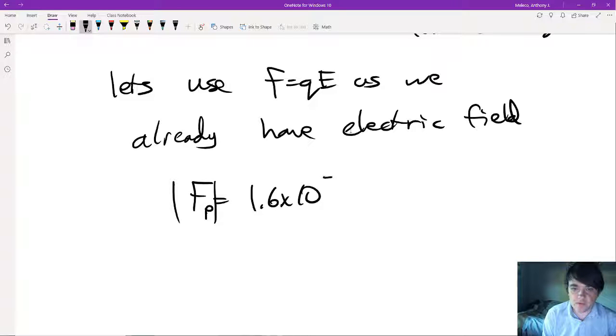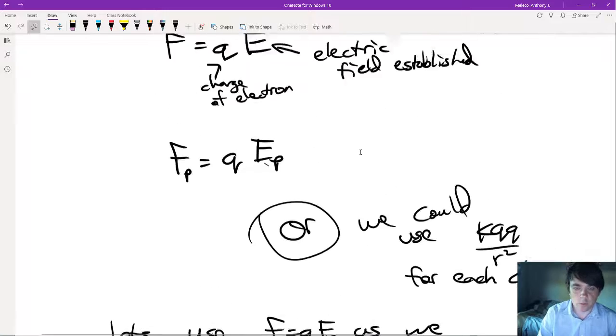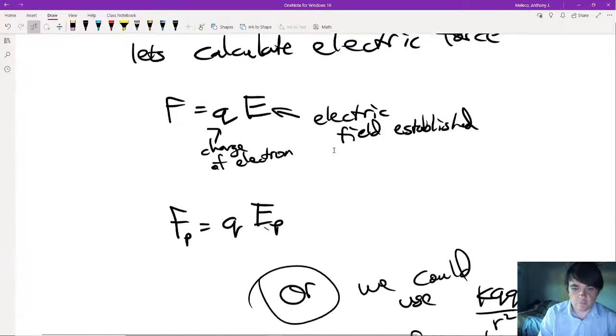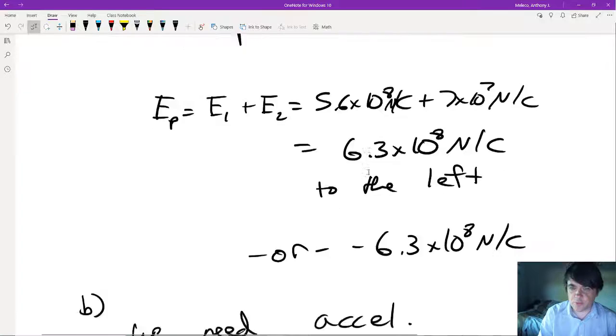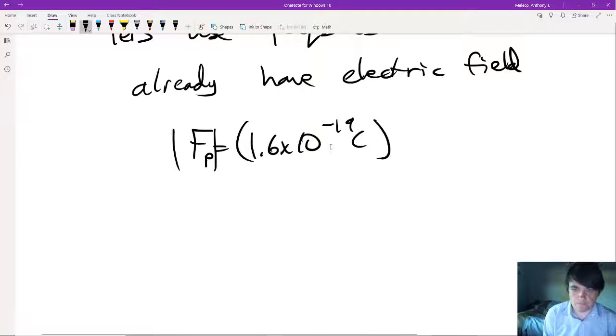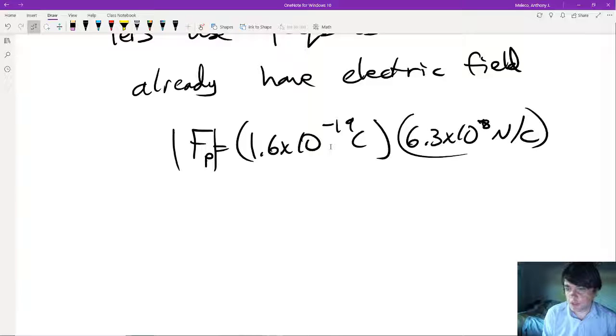So 1.6 times 10 to the minus 19 coulombs times the electric field, which is 6.3 times 10 to the 8th newton per coulomb. The coulombs will cancel, and we'll be left with units of newtons. This gives us 1 times 10 to the minus 10 newtons, okay?